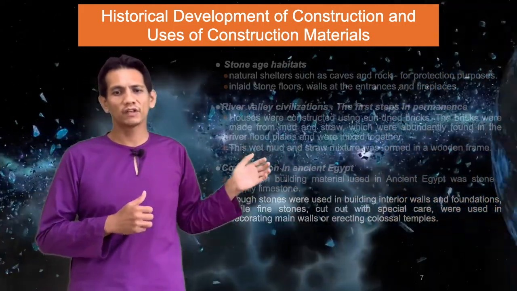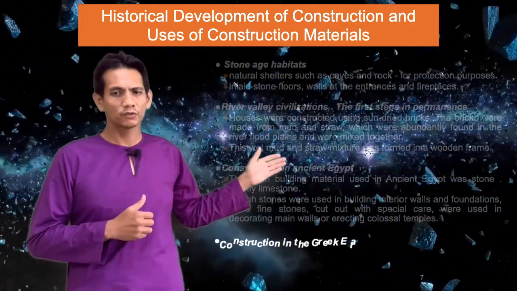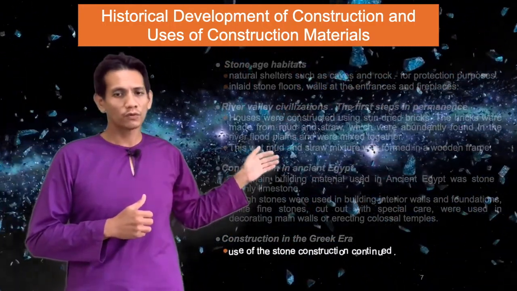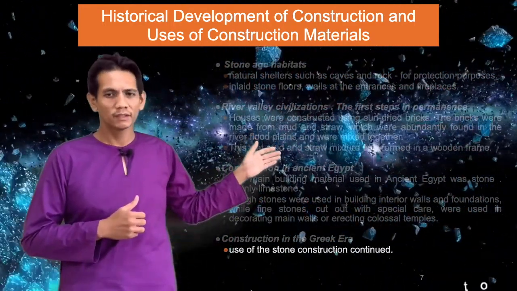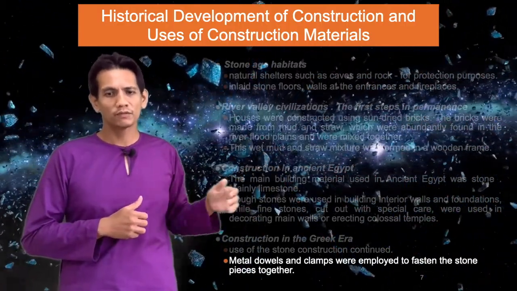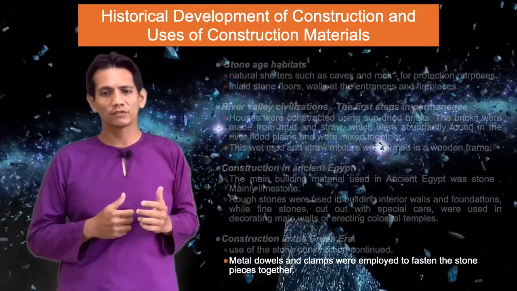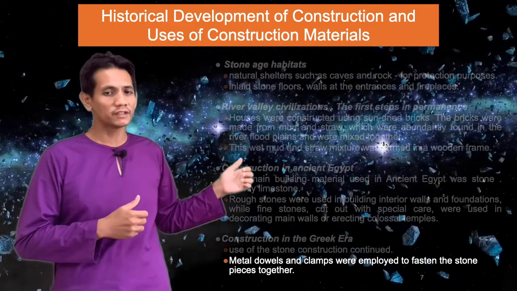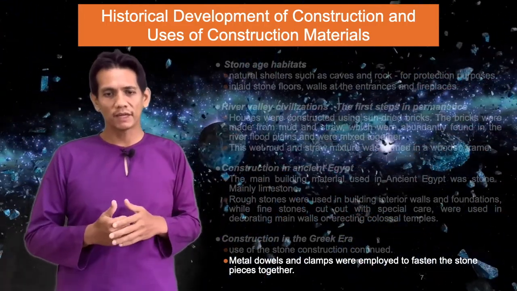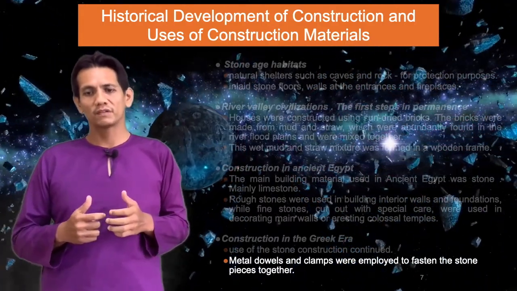Then we have construction in ancient Egypt. The main structural material used in ancient Egypt was stone, mainly limestone. Rough stones were used in building interior walls and foundations, while fine stones cut with special care were used in decorating main walls or erecting colossal temples. Then we have construction in the Greek era. The use of stone construction continued, and metal dowels and clamps were employed to fasten the stone pieces together.